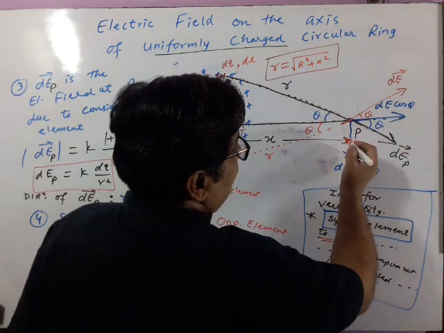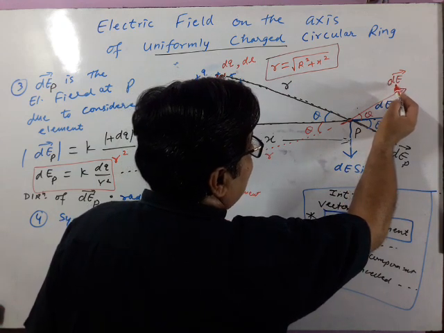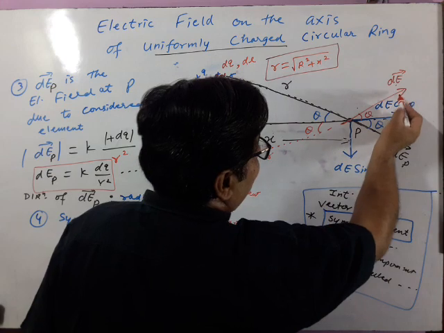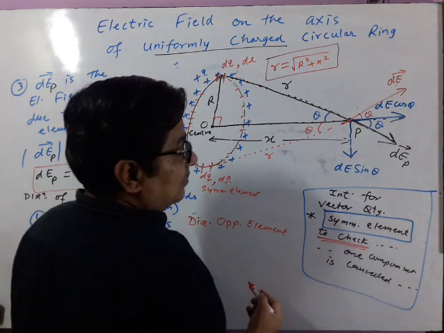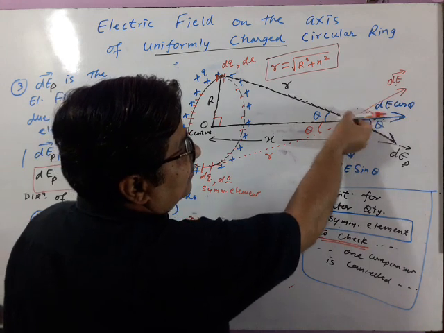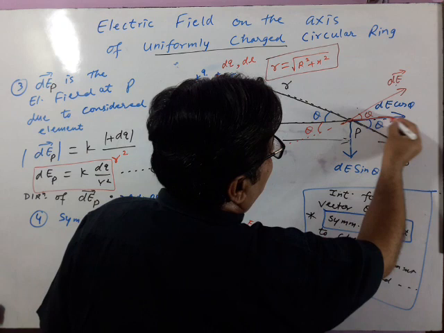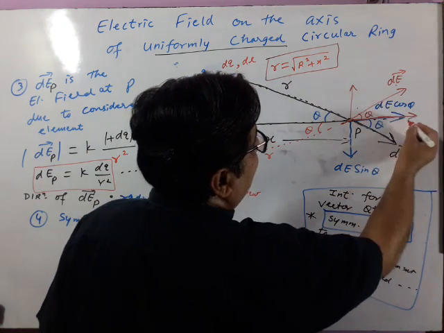So we will check by resolving this electric field, which has the same magnitude but a different direction. Now we will check which component will be cancelled. Draw its components: first on the right side, second on the left side. So this is one component, this is another component.